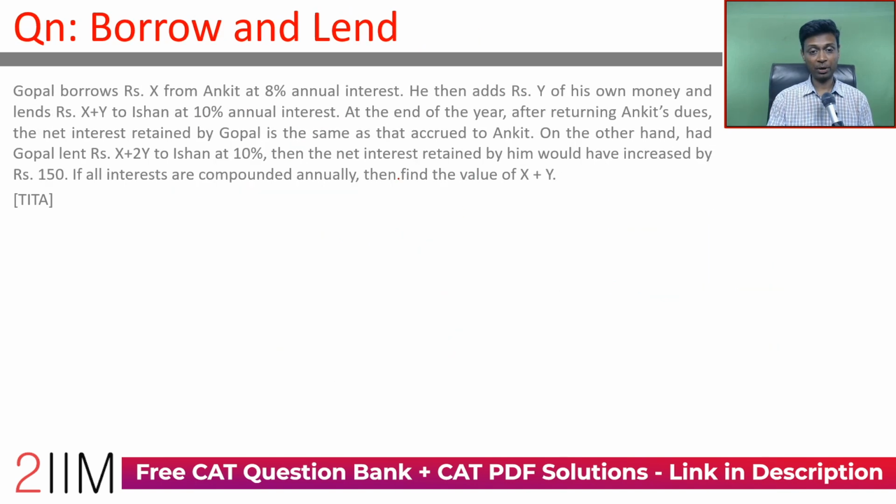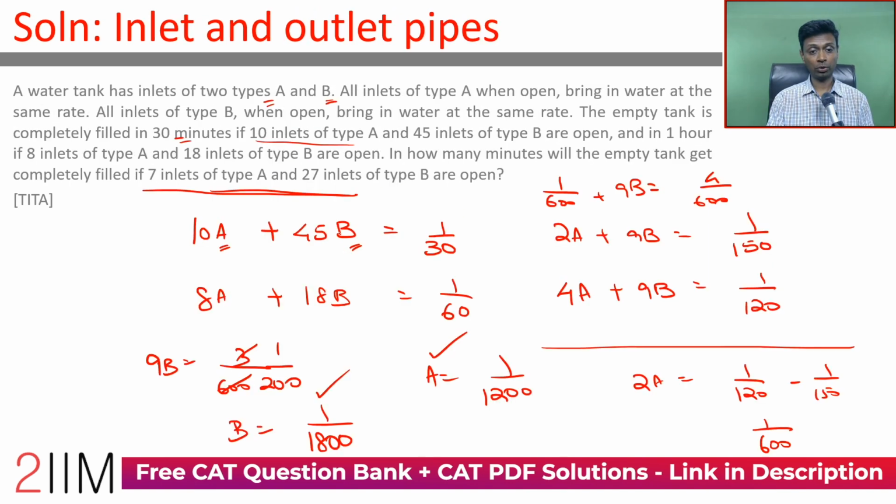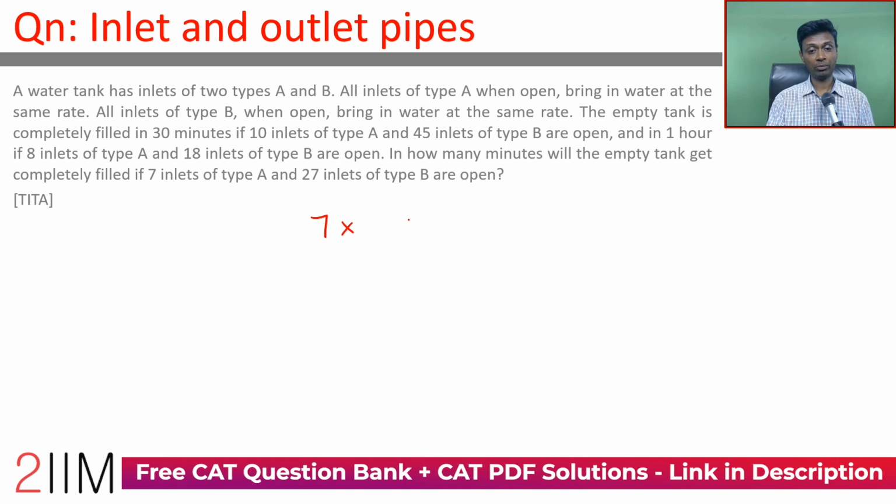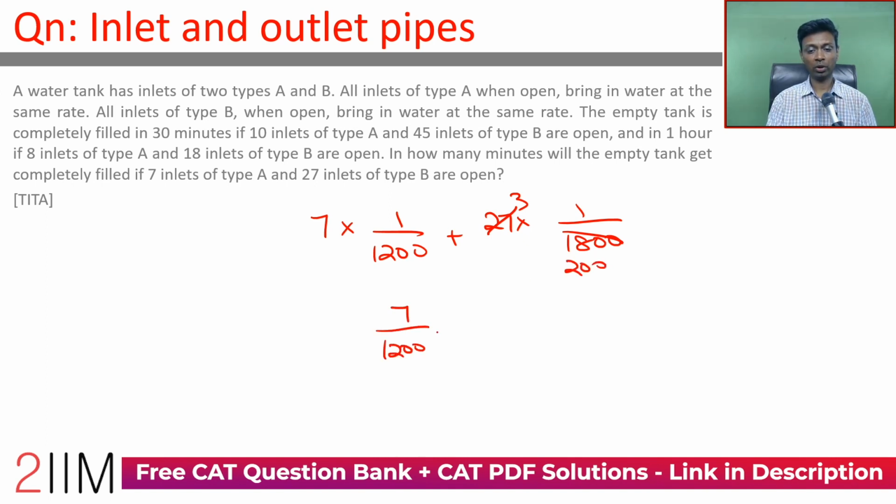I want to go to the next page. 7 times 1 by 1200 plus 27 times 1 by 1800, whatever that is. 27 by this is 3 by 200. This is 7 by 1200, plus 18 by 1200, which is 25 by 1200.